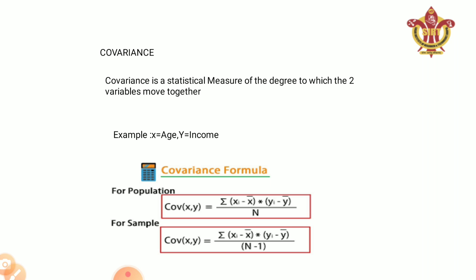Now, x bar and y bar are nothing but the means. We have already seen what exactly mean is and how we can calculate it. After calculating the mean, we need to put it in the formula, and we must have a data set of either population or sample, whichever we are working on. We take that data set, calculate the value of n, and then calculate the covariance.